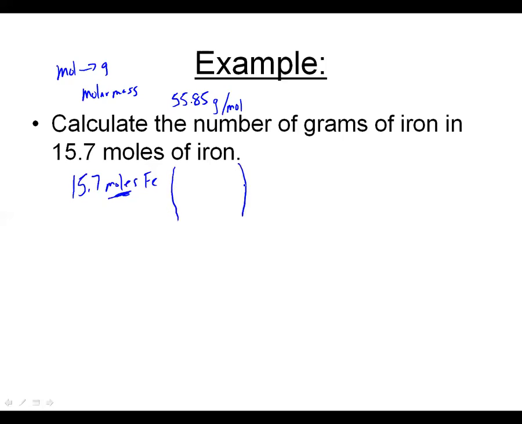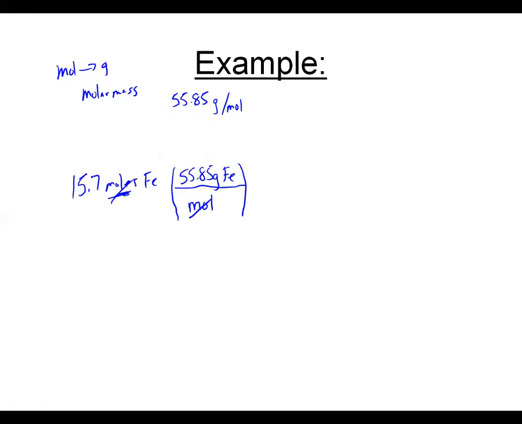Since we are starting with moles, we want the moles on the bottom so that they cancel. We want the 55.85 grams of iron on top. The moles will cancel each other out. If we do that calculation here, we would take our 15.7 and multiply it by 55.85.